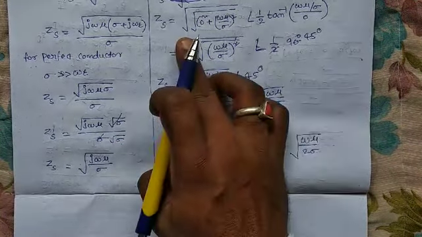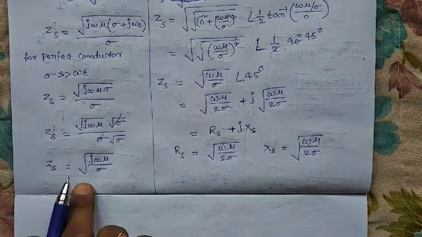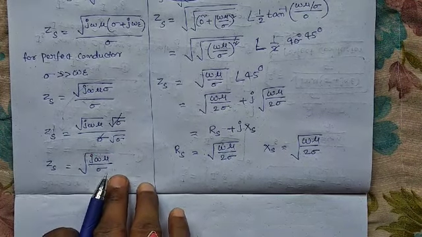Now we are representing Zs in polar form, that is, magnitude and phase form.